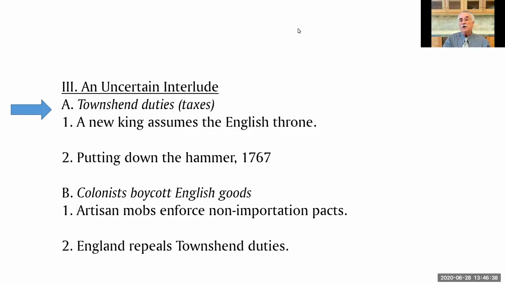And New York said, we're not going to pay those. And so England said, well, then your assembly is not going to meet, and you can't make laws for the colony of New York. So everything's sort of a standoff, sort of like that game where someone puts their hand up and you go like that, and you go like that. It just keeps ratcheting up, but there's never any solution.